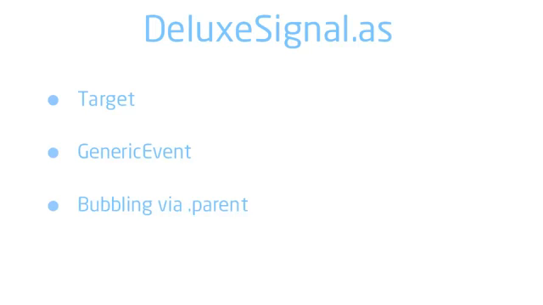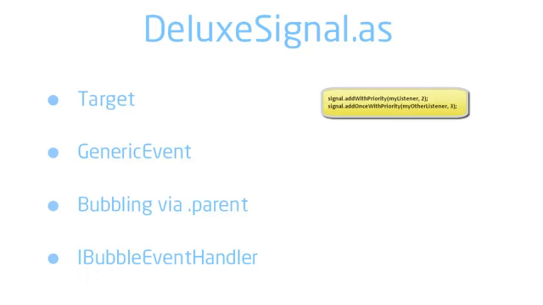The Deluxe signal allows for event bubbling through the parent property, just like in Flash's native event system. Any class that implements the IBubbleEventHandler interface can intercept the bubbling phase and act upon it, and there decide whether or not it should continue bubbling. Finally, the Deluxe signal also allows you to add listeners with priority. Normally, listeners are called in the order that they are added, but this lets you control that more exactly.